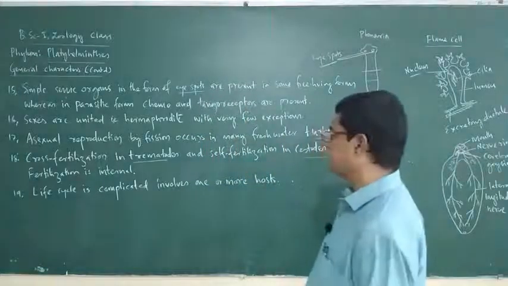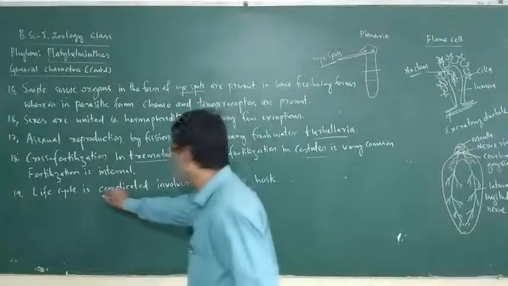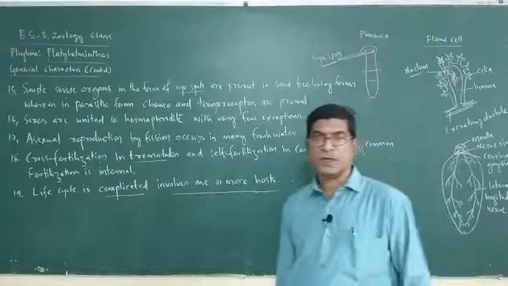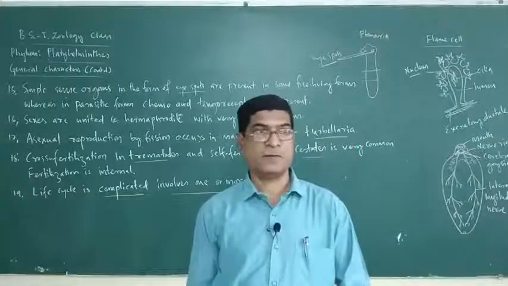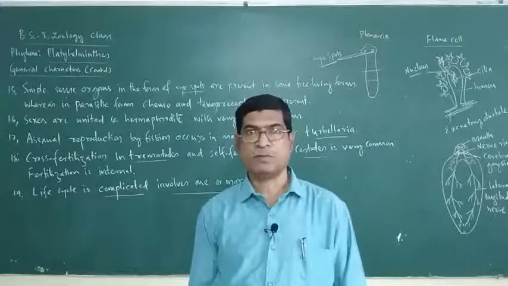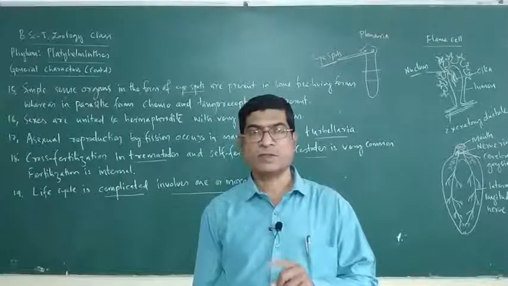Next, the life cycle is complicated and involves one or more hosts. In the case of Taenia solium, tapeworm, there are two hosts. Primary host is man. Secondary host is pig.